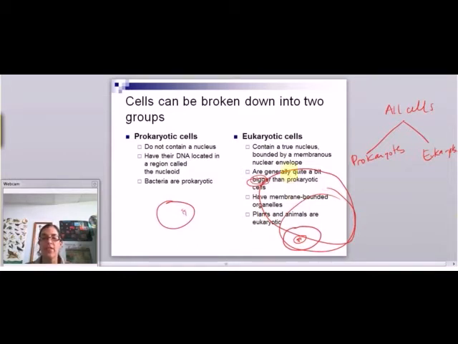In addition to having the nucleus, eukaryotic cells are also going to have structures called organelles. So notice the relationship to the word organ. These are structures within the cell that have specialized function, much like organs in your body have specialized functions. Organelles are by definition wrapped in membrane.